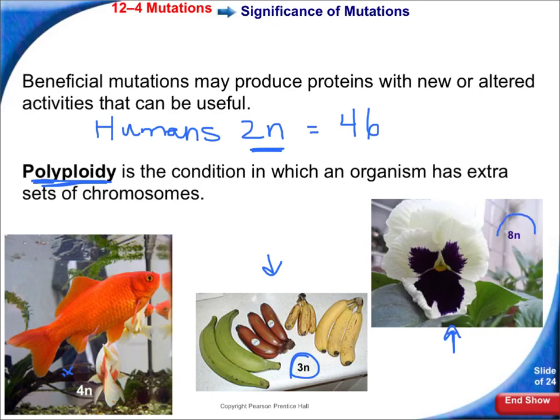Pansies are considered to be octoploid, or they have 8 sets of chromosomes. Usually we see polyploidy more in plants than animals, but there are some animals like the goldfish that do have multiple sets of chromosomes. It's something that makes plants hardier and stronger, so it's not necessarily a bad thing.